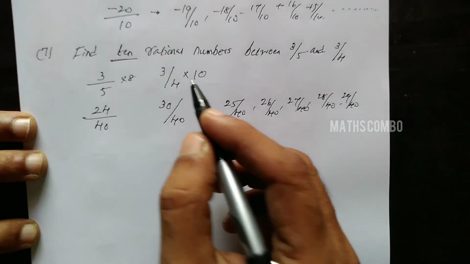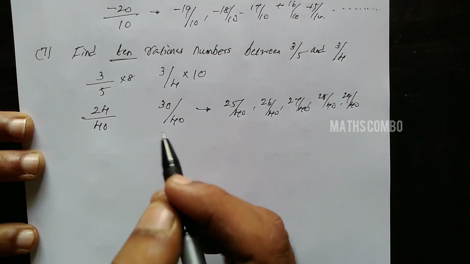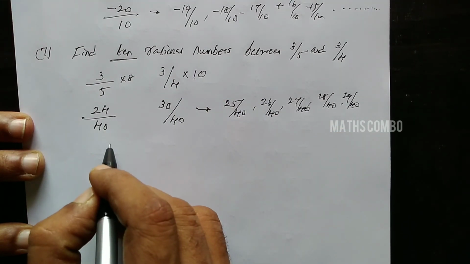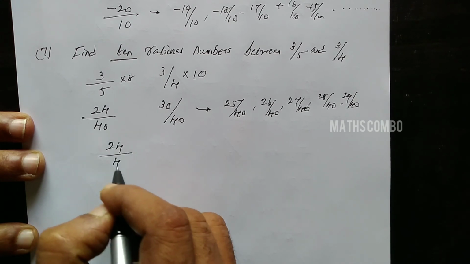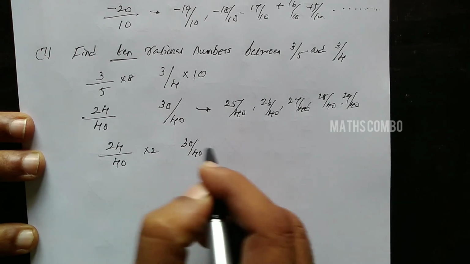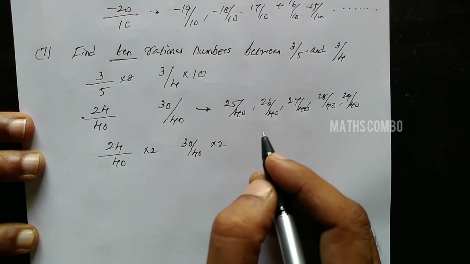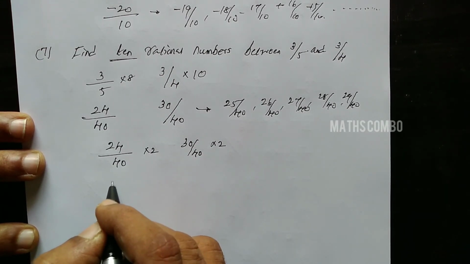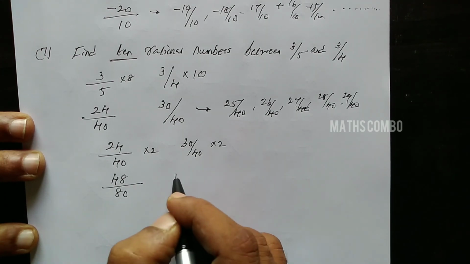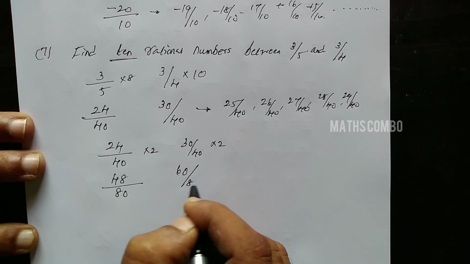We don't get the 10 rational numbers. Then as I said earlier, this fraction has to be multiplied by 2. Simple. So 24 by 40 and 30 by 40, multiplied by 2, will become 48 by 80 and 60 by 80.